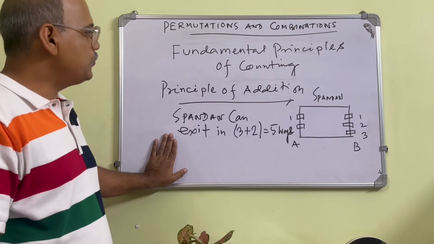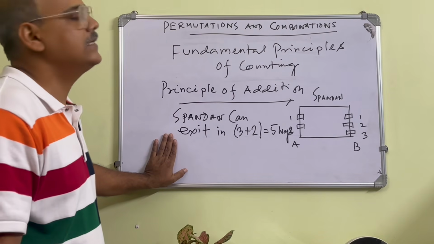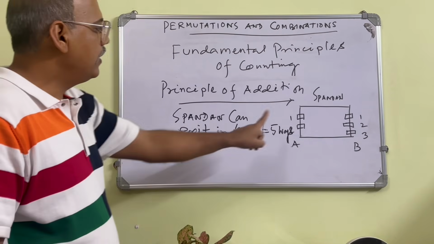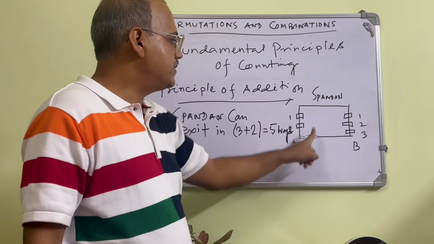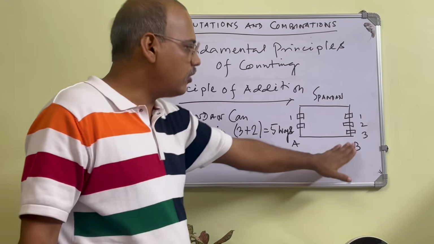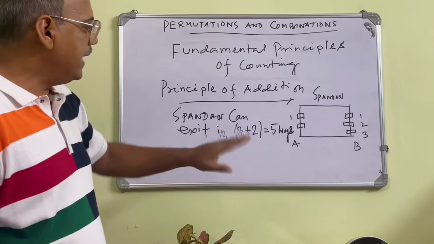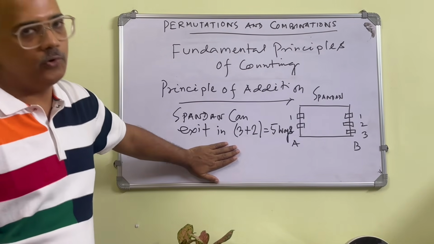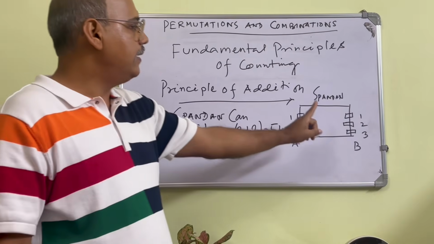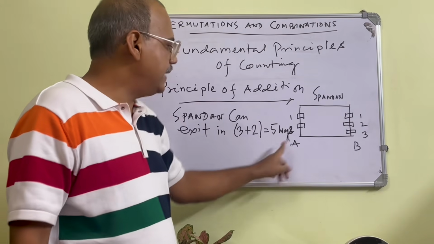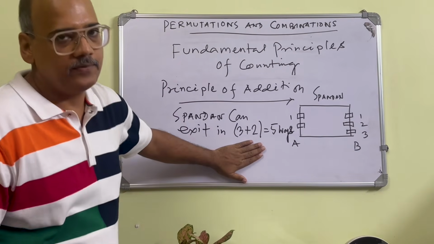And also you should understand the conjunction as well. So Spandan can exit either A or B. If it's an OR conjunction, then just take a note of this. If it's an OR conjunction, then it's an addition.